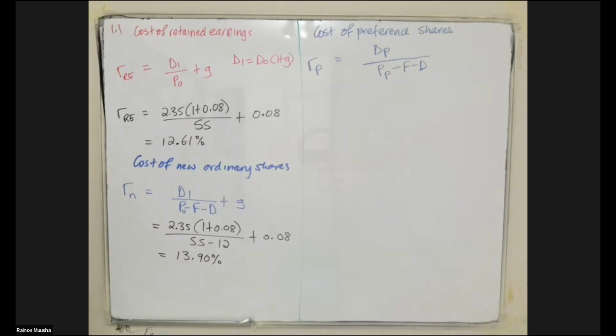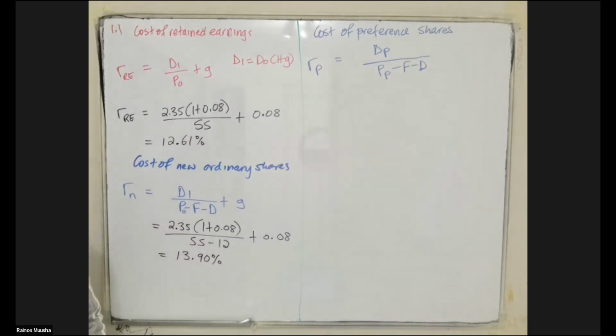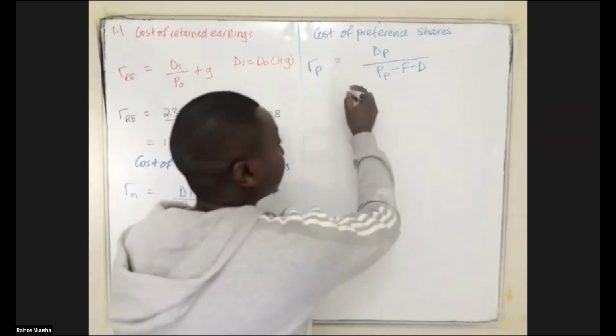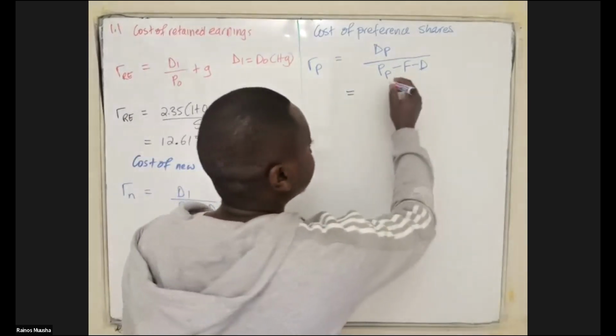If you check the information we're given, they tell us that the company can issue preference shares with a 3 Rand dividend at a market price of 23 Rand per share, and the flotation cost will be 150 per share. The information is already given to us, it's just a matter of putting it in the formula.